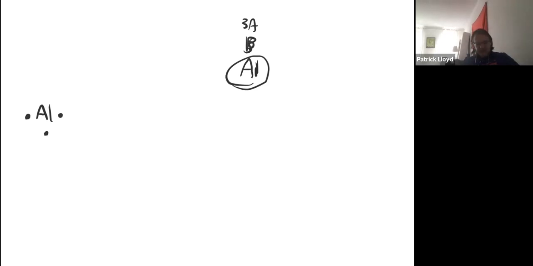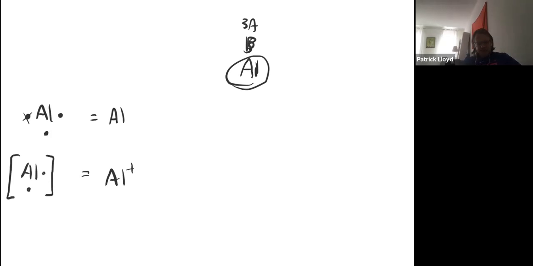So this is Al. We want Al+. Just get rid of one of the dots. That's all you got to do. So you just have Al with 2 dots. And then you do want to put it in brackets and then put your charge up there, right? So make sure you indicate that this is a charged ion, okay? All ions are charged, right? Okay, so there you go. So that's relatively simple.